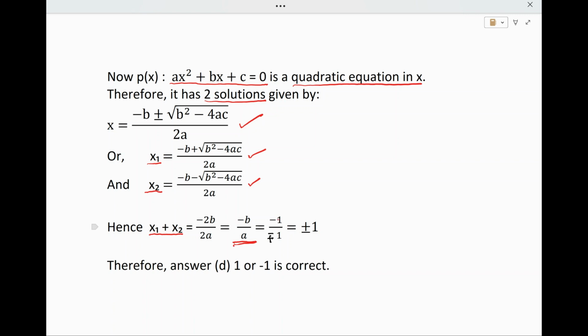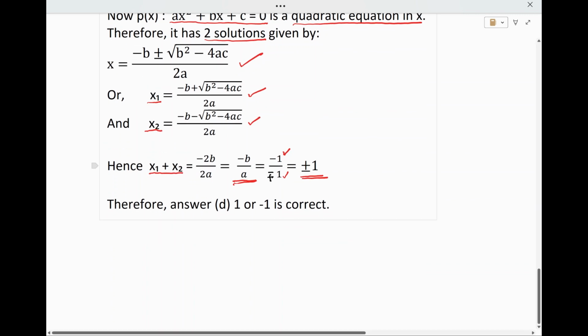We know that b is equal to 1, therefore −b is equal to −1, and a is equal to ∓1. Therefore, the sum of the two roots is ±1. Out of our choices, therefore, choice D, which is 1 or minus 1, is correct.